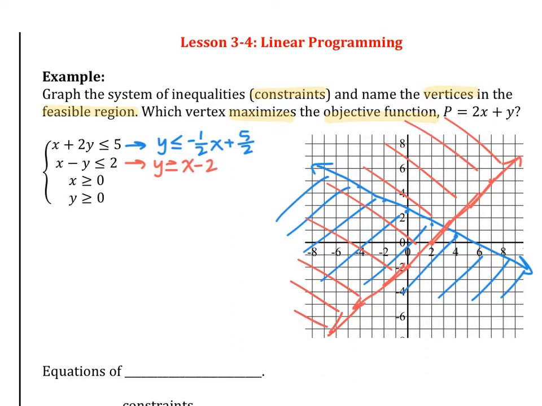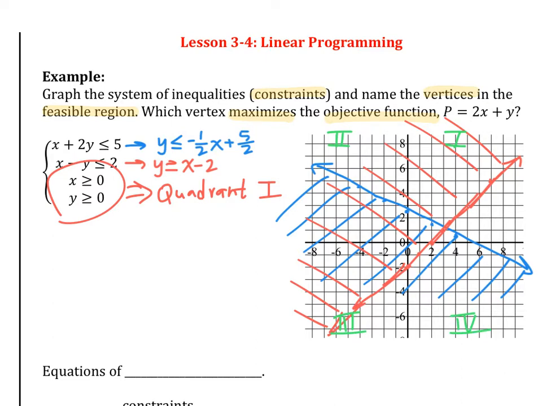All right, the last two says x greater than or equal to 0, y greater than or equal to 0. This part just basically means quadrant 1. If you don't remember, the quadrants go from top right, so quadrant 1, quadrant 2, quadrant 3, quadrant 4.